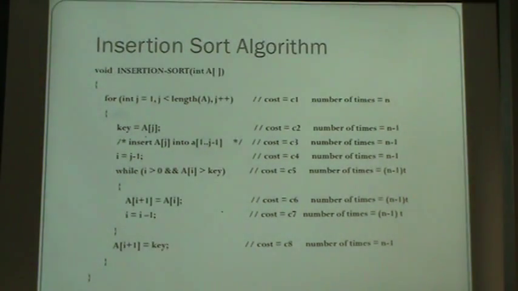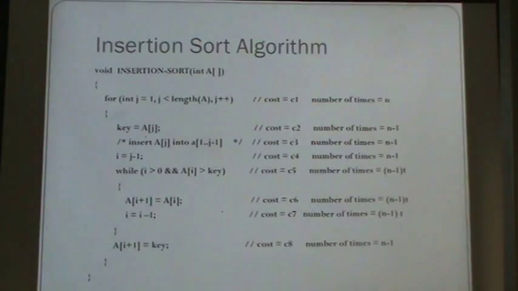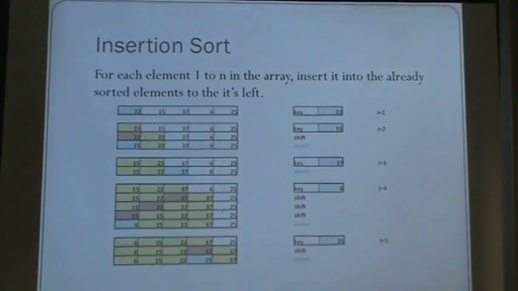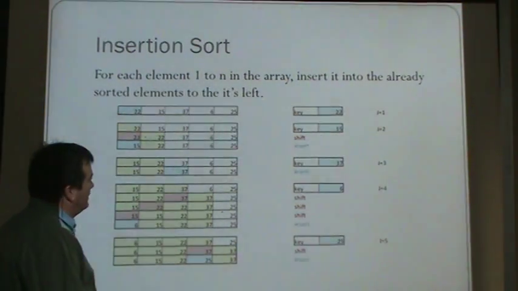So if we wanted to calculate the total time of the algorithm, first of all, let's talk about what would be the best case scenario. If you could choose how the numbers are given to you, what would make this algorithm run quickly? The question is, what is the best case input you could get?